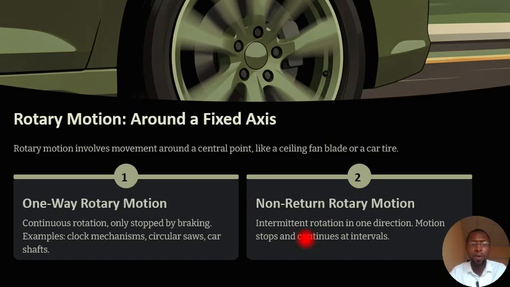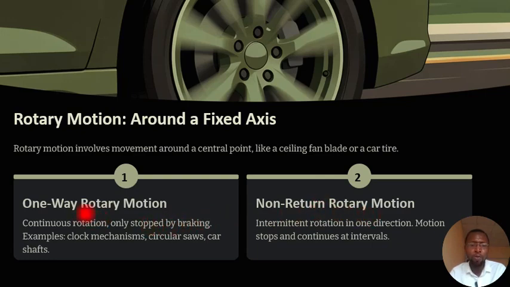Then on the other hand, the second type of motion, which we call the rotary motion, also has different types. Okay, we have said that it's a motion of an object, okay, in a circular form around a fixed axis. So we have two types. We have the one-way rotary motion and we have the non-return rotary motion.